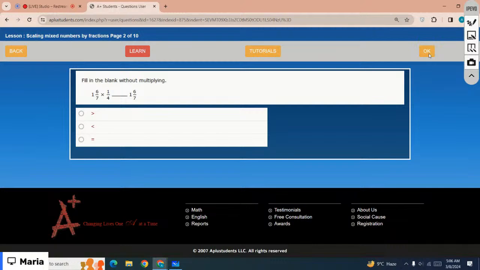Okay, 1 whole 6 by 7 times 1 by 4, you have to compare it to 1 whole 6 over 7. So which is the correct option?